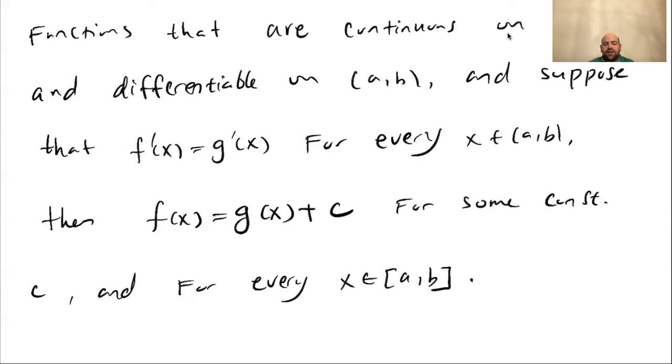So if you have two functions this time, and the derivatives of those two functions are equal for every x between a to b, then one of those functions is equal to the other one plus some constant.